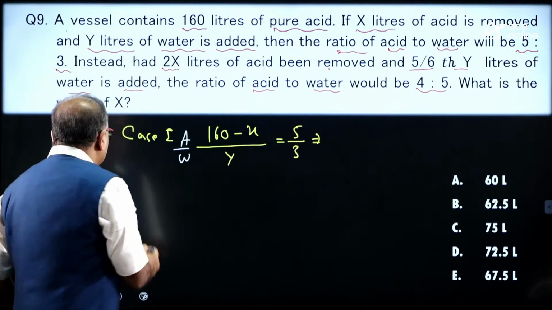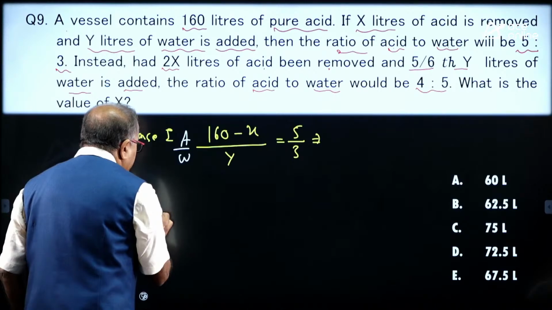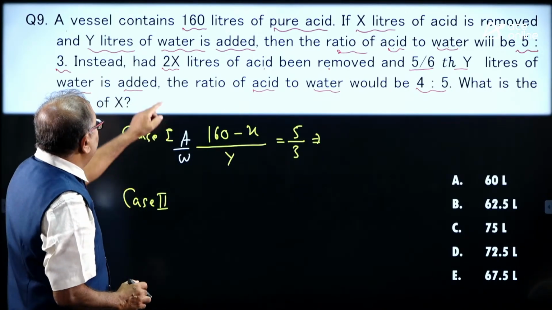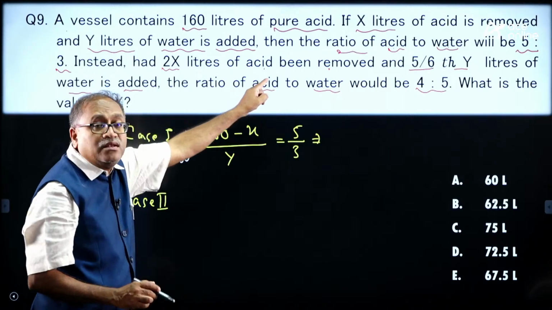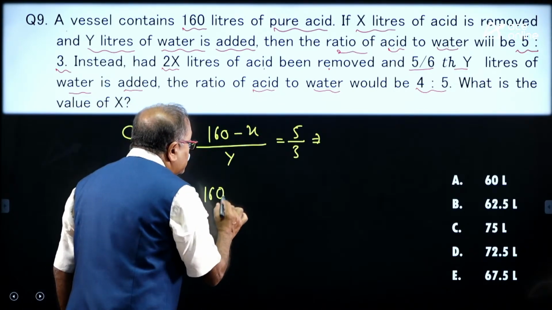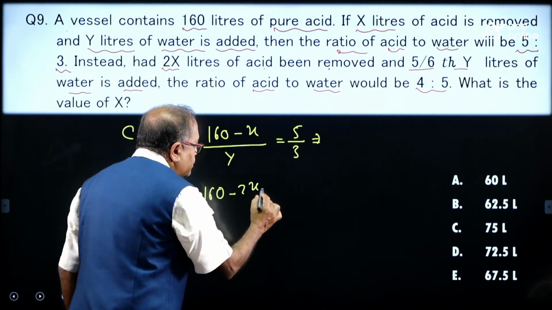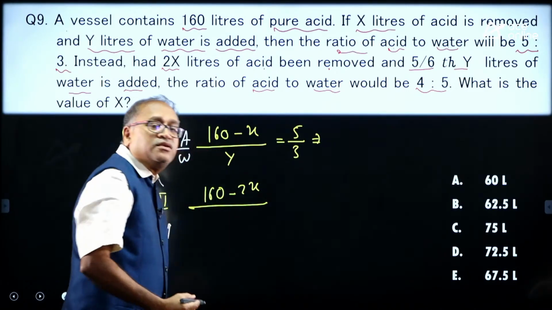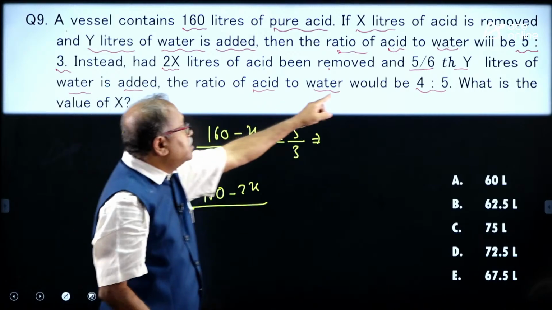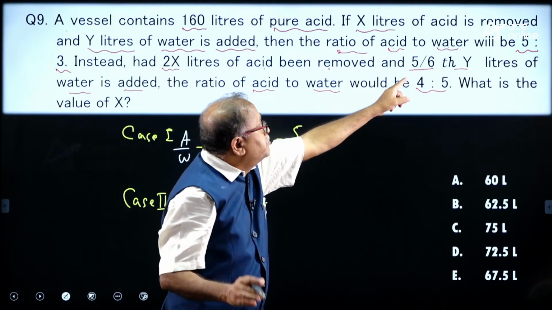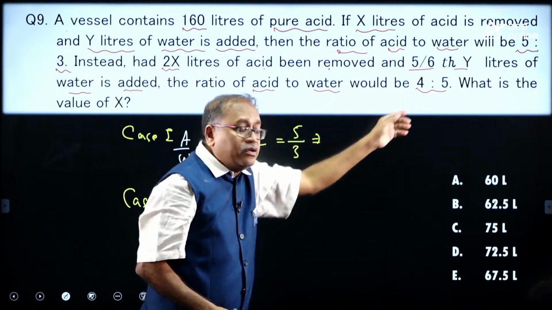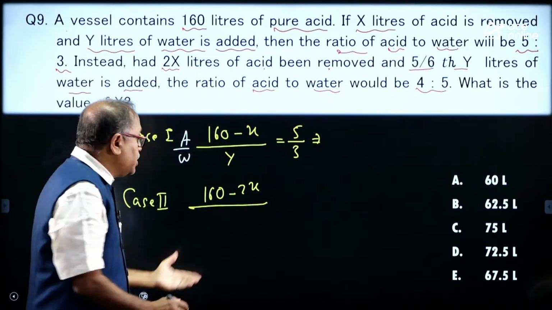And what about the case 2? In case 2, 2x liter of acid is taken out, that is 160 minus 2x, and how much water is added, y is added, that 5/6y, that means 5y by 6 in denominator.